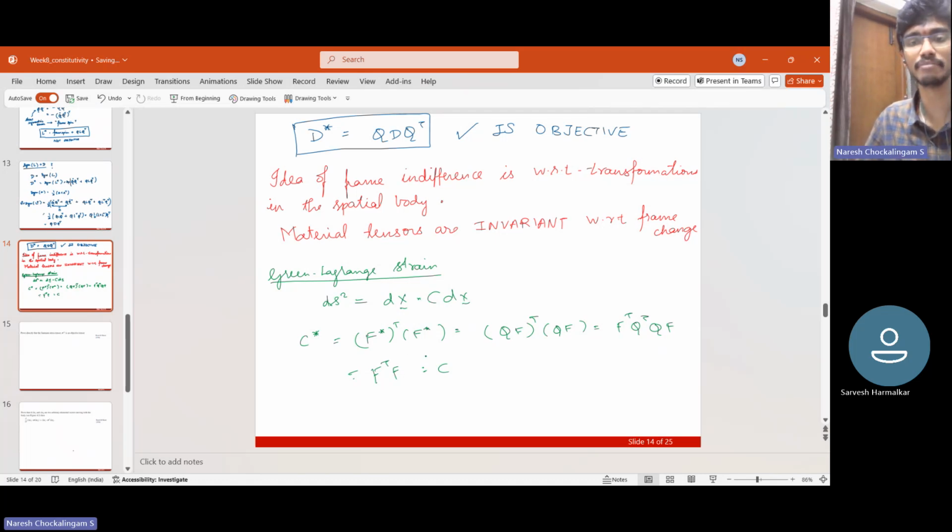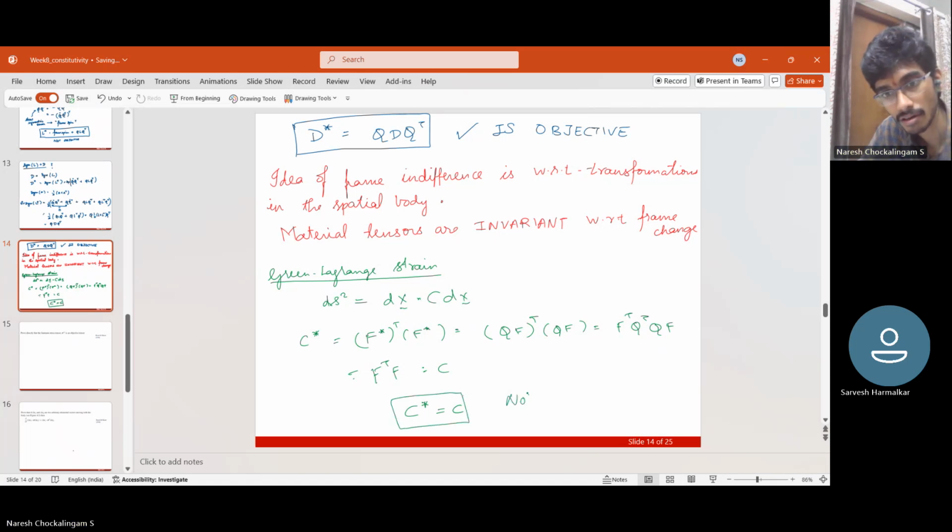Of course, that is what we expected. This is entirely defined in the material body referential configuration, and by changing any frames in the spatial coordinates, this is not supposed to change. So C star is equal to C. It is not frame indifferent. It is frame invariant. It is not objective. It is frame invariant.